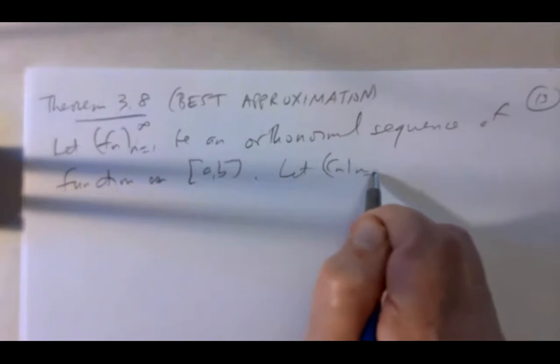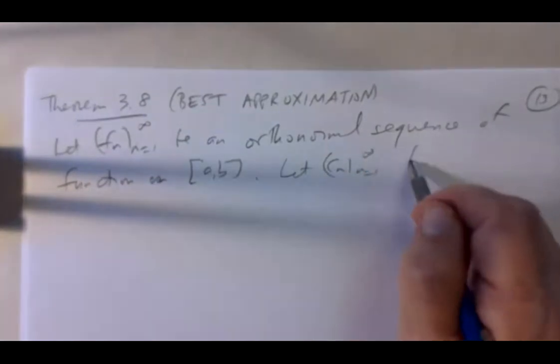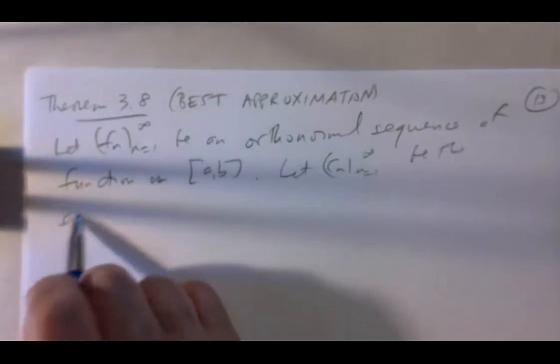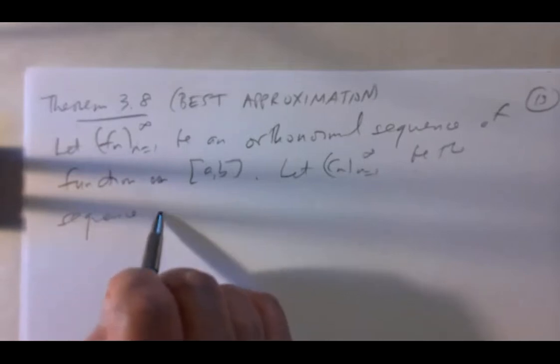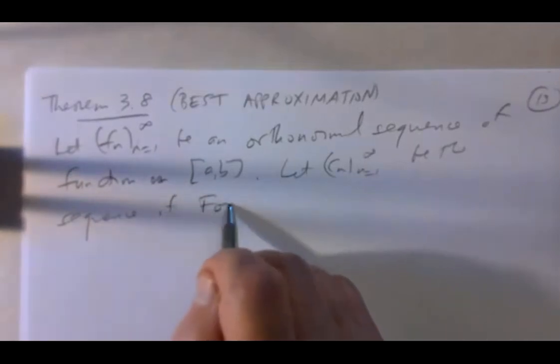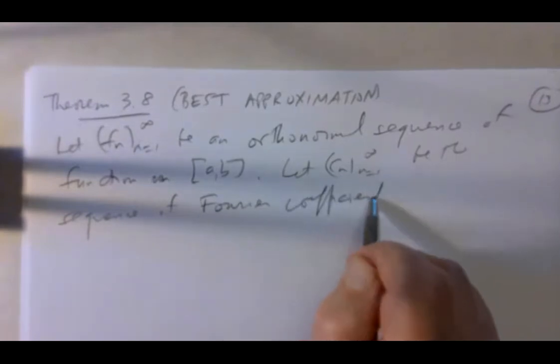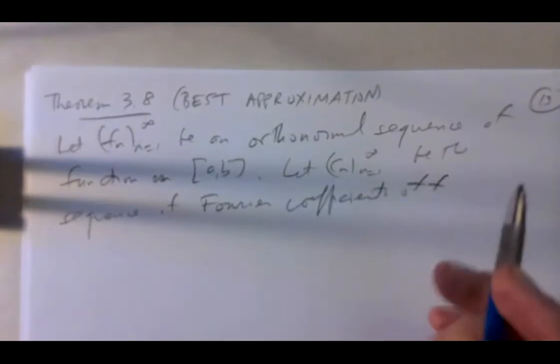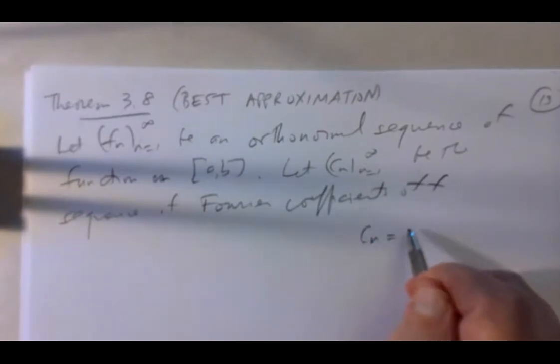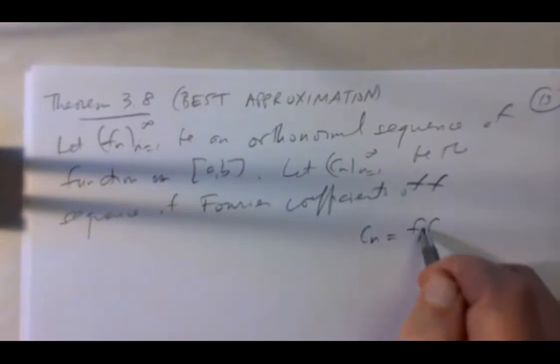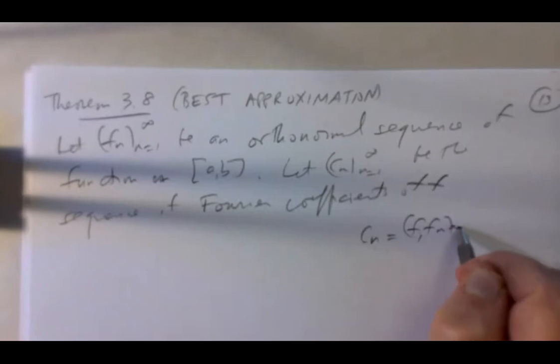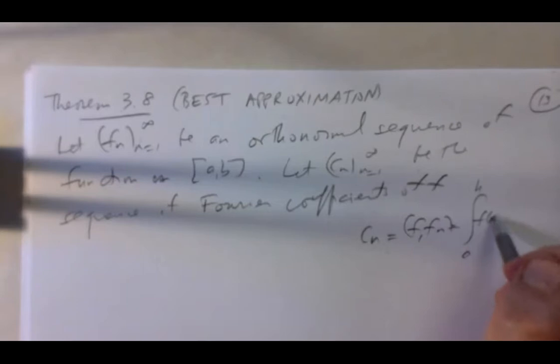Let Cn be the sequence of Fourier coefficients of f. So that means Cn is the inner product of f with fn, which is the integral from a to b, f of x, fn of x dx.